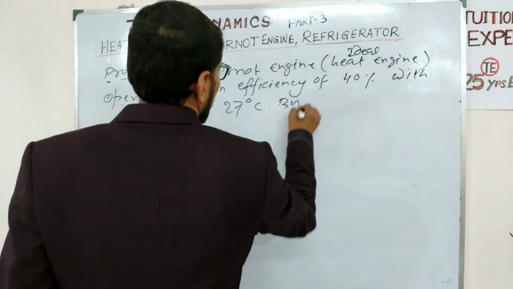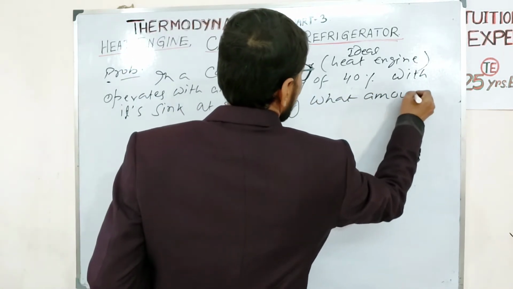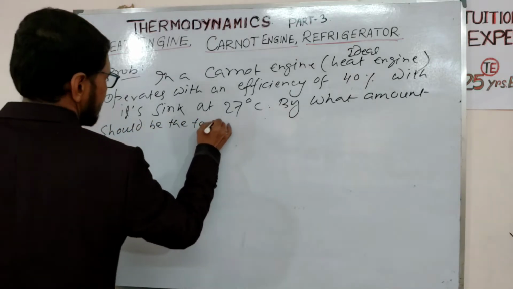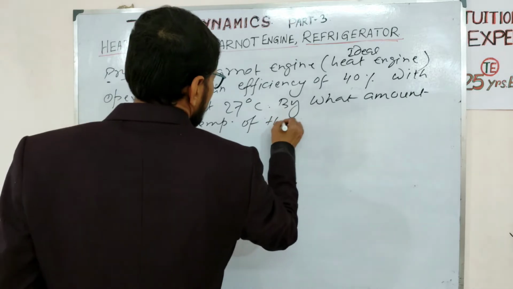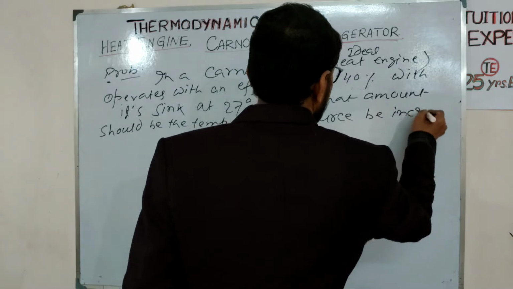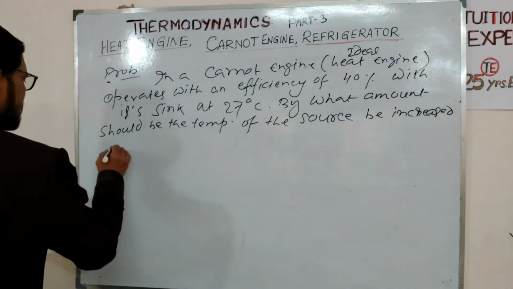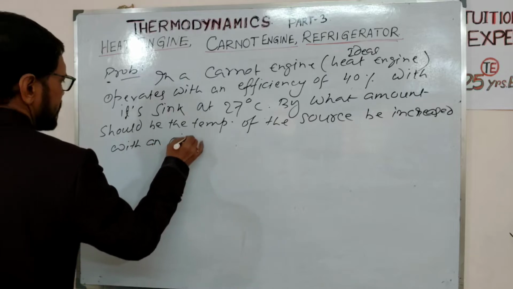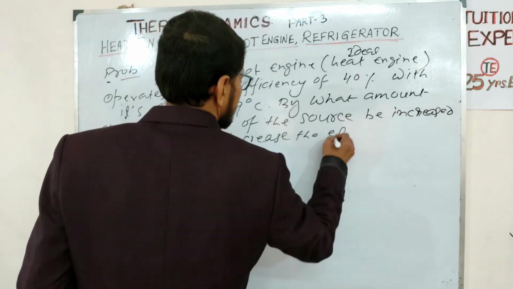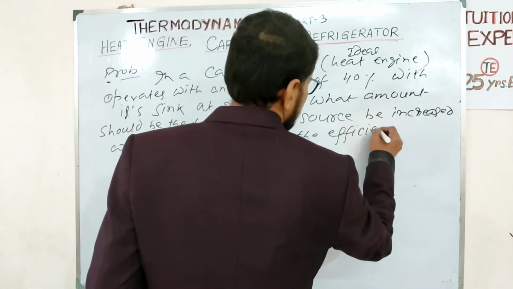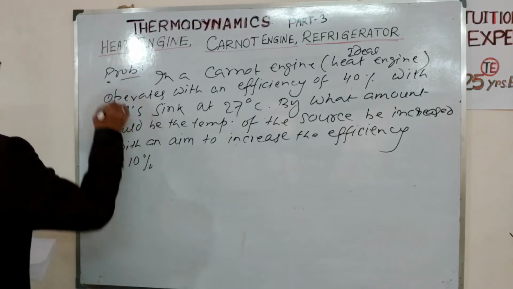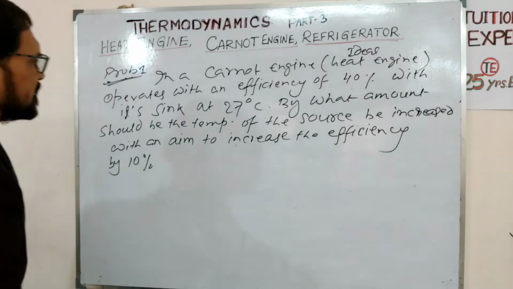By what amount should the temperature of the source be increased with an aim to increase the efficiency by 10%? Suppose this is problem 1, related to heat engine.